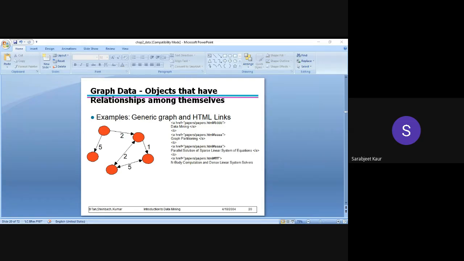This kind of mining, where we mine subgraphs out of the given graph, is also sometimes known as substructure mining.